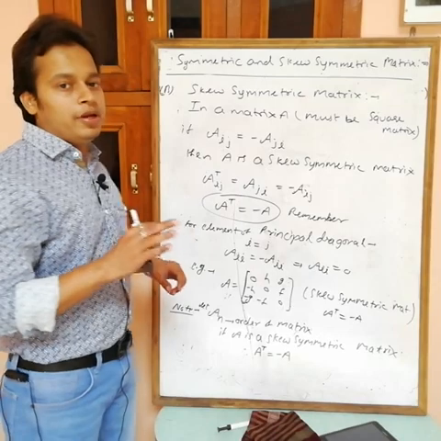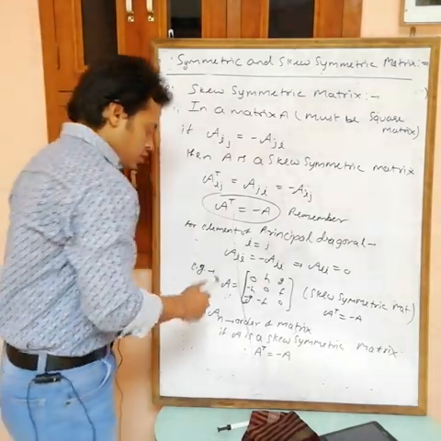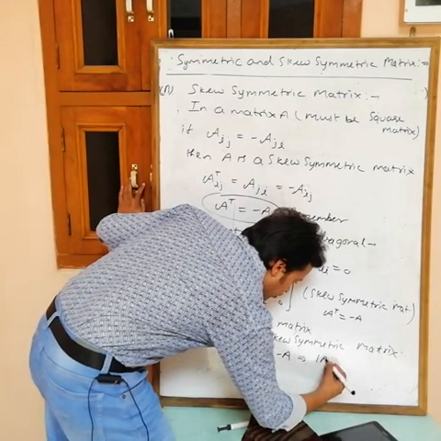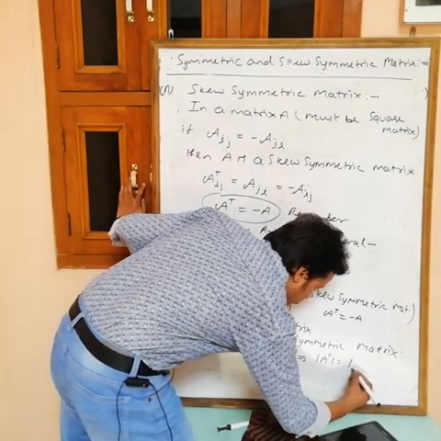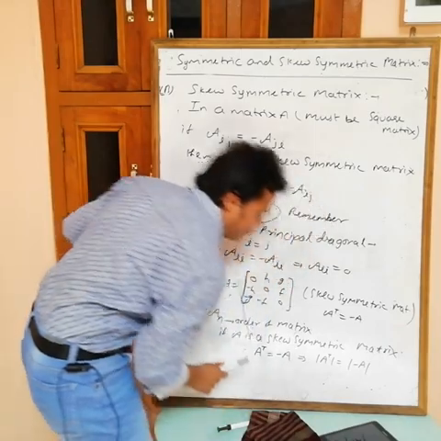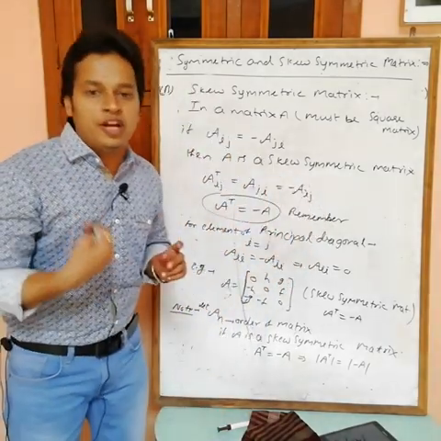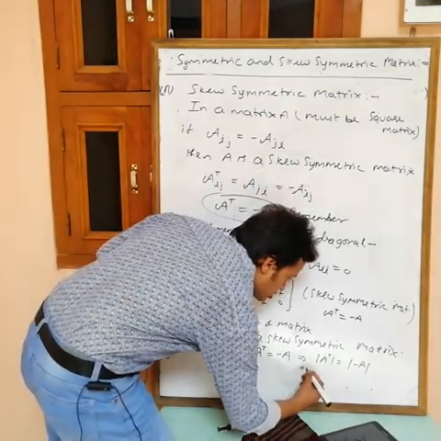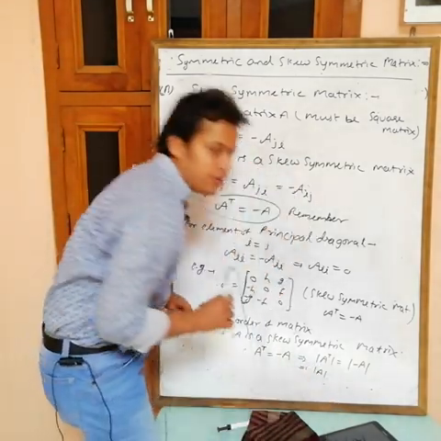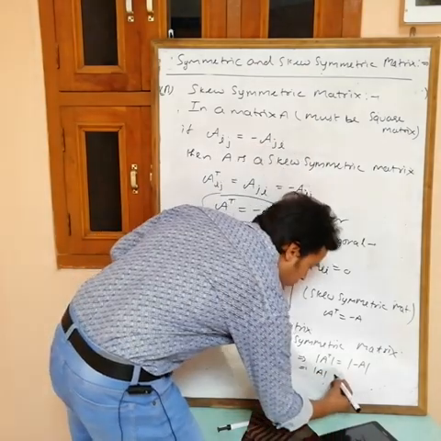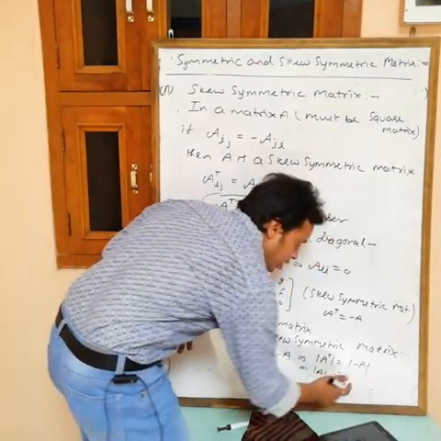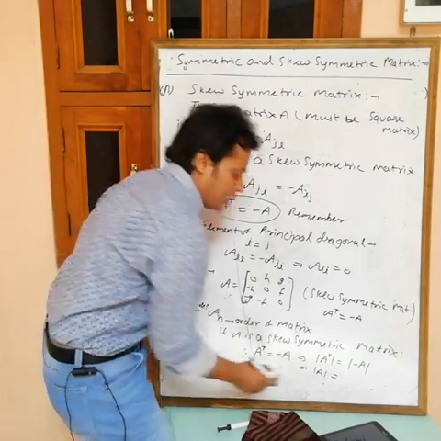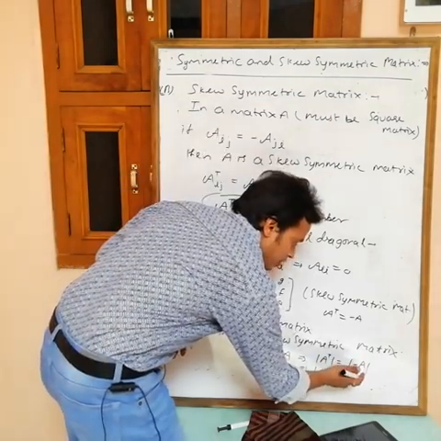Now take determinant on both sides. Determinant of A transpose is equal to determinant of minus A. Now in properties of determinant, you will see that determinant of A transpose is equal to determinant of A, and determinant of lambda into A is equal to lambda power n into determinant of A. Here, in place of the lambda constant, we have minus 1.